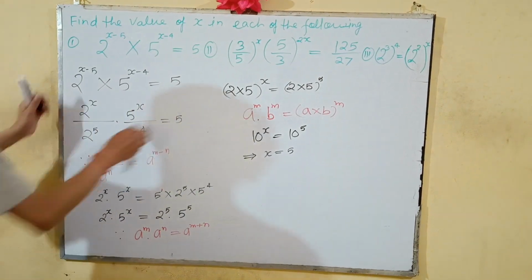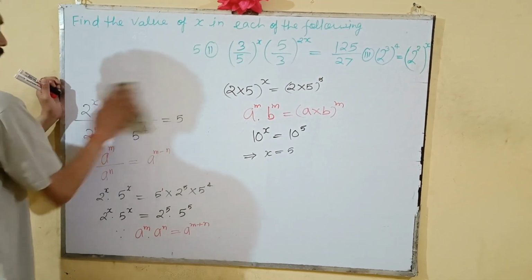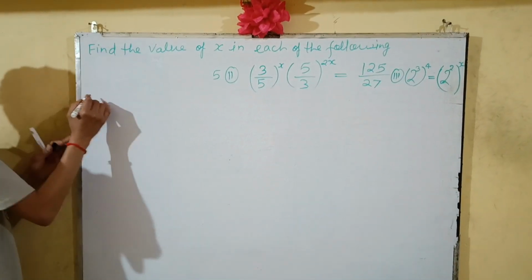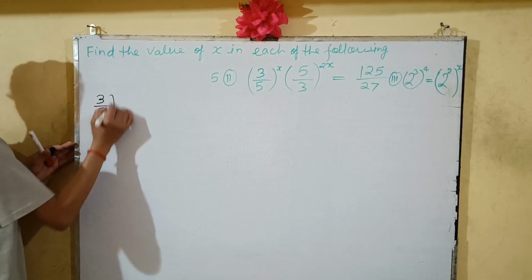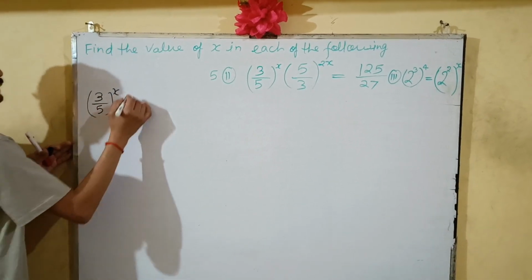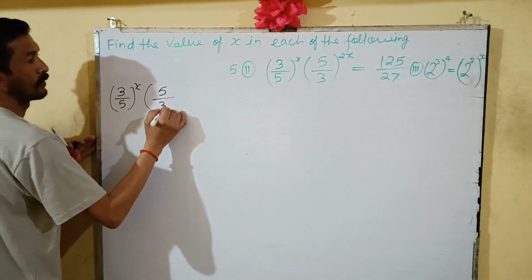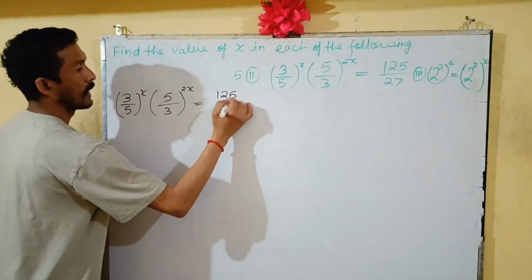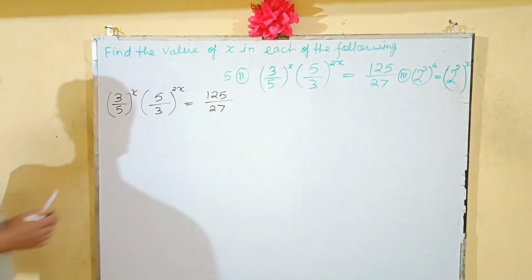Now the second one. Okay. Second one: (3/5) to the power x into (5/3) to the power 2x equals 125/27. Okay.